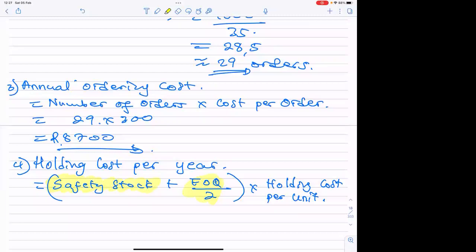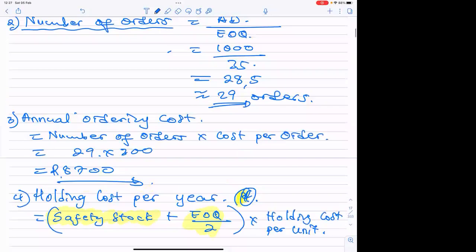Okay, so remember what we are trying to do is to find the cost of the inventory that we are holding altogether. Please take note, the economic order quantity, if we order 35 units, let's say we are ordering every month, like here, we are ordering 29 times.